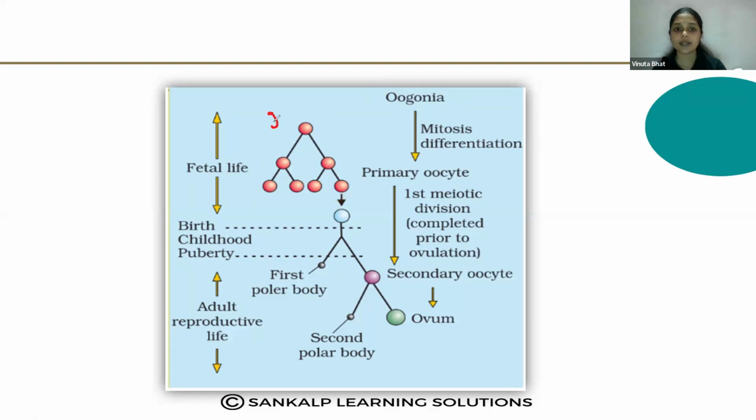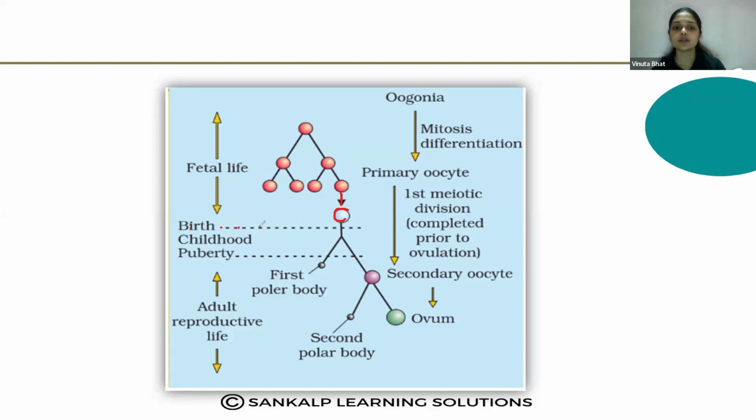Oogonial cells are diploid, and their multiplication takes place in fetal life just before birth. These oogonial cells develop into primary oocytes, which undergo the first meiotic division and are arrested at prophase 1 of the first meiotic division.